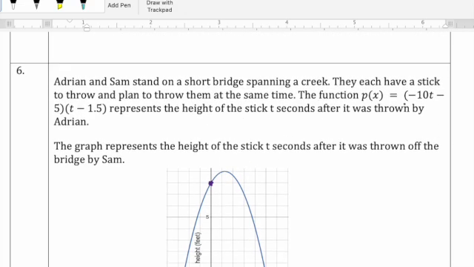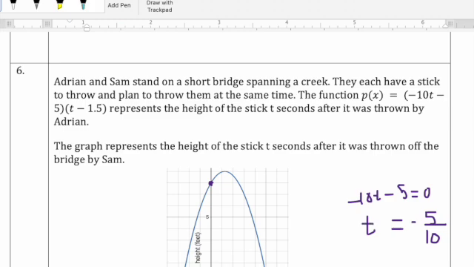Now, we have the same issue that we had with the last question. We're going to set our factors equal to 0, and we end up with negative 5 over 10 equals t.